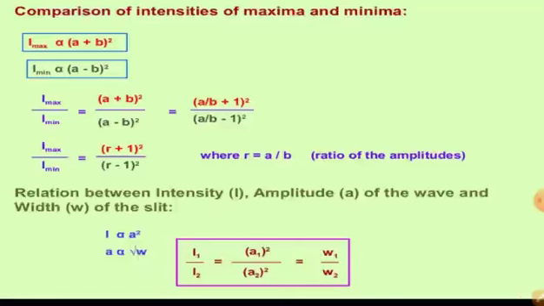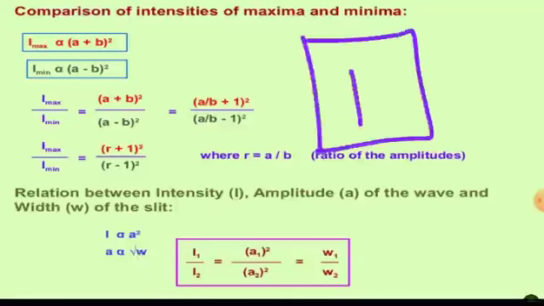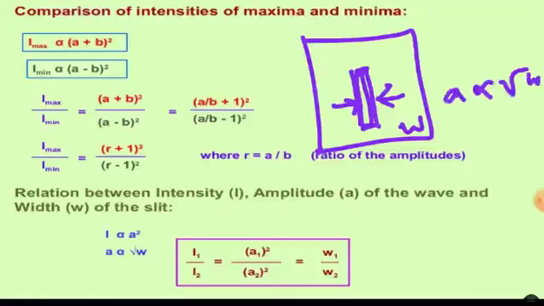When you take a cardboard and make a small hollow portion, this hollow portion of the cardboard opaque object, we call it a slit, and the width of this hollow portion is denoted by W. Your amplitude is directly proportional to the square root of this width.